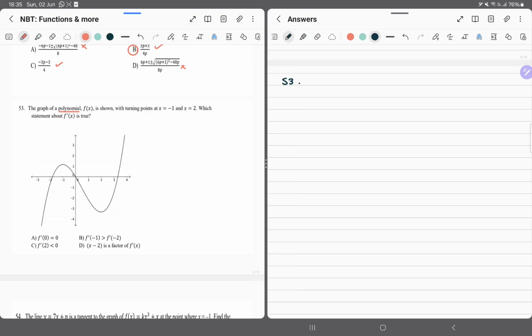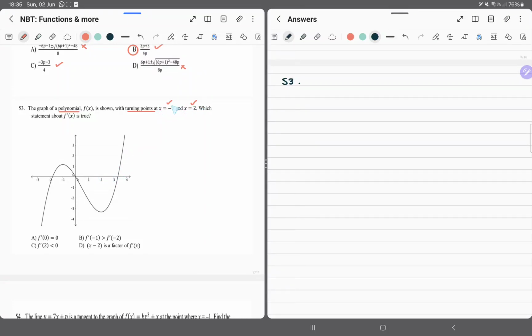That's it, okay? Now, we have a polynomial f, and it is shown with the turning points. Can you see it has got turning points at x is 1 and x is 2. So which polynomial has 2 turning points? It's a cubic. So this is literally suggesting this is a cubic function, okay?